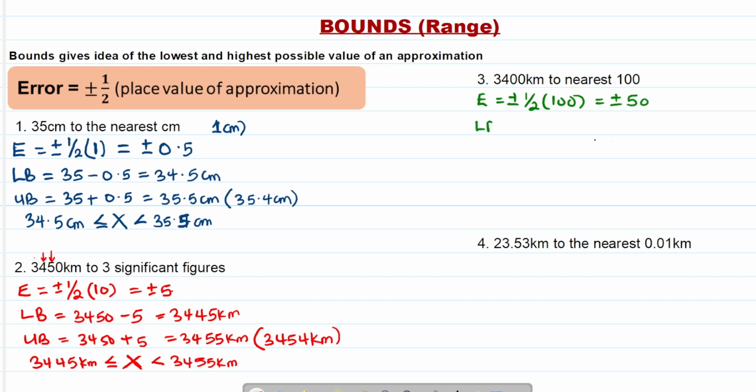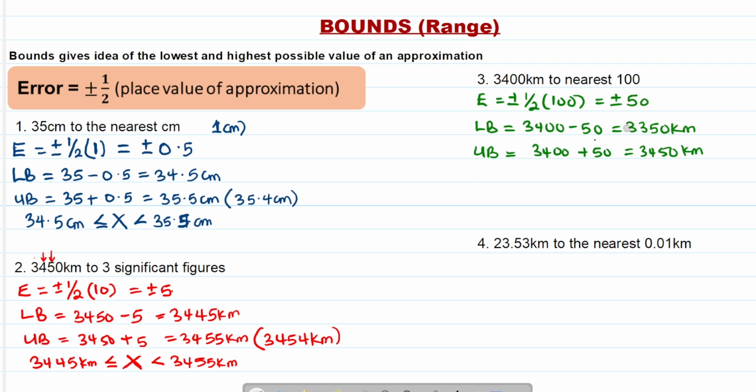Therefore, for the lower bound for this measurement, we subtract 50 from 3400. 3400 minus 50 will give us 3350 kilometer. While the upper bound, to get the upper bound, we add 50 to 3400, and that will give us 3450 kilometer.